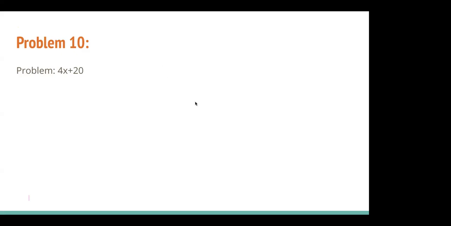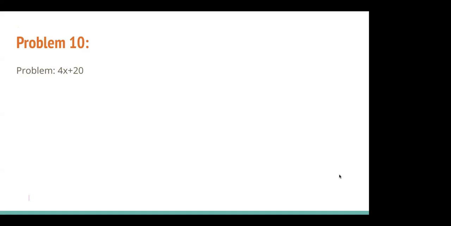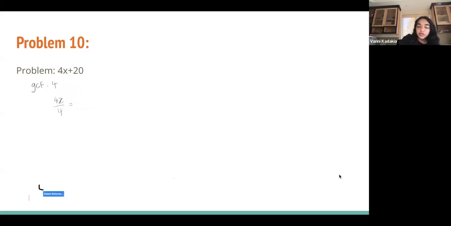Okay. Do you want to start explaining? Okay. So the problem is 4x plus 20. And we are going to find the greatest common factor between 4x and 20. And it's 4. So 4x divided by 4 is going to be x, right?